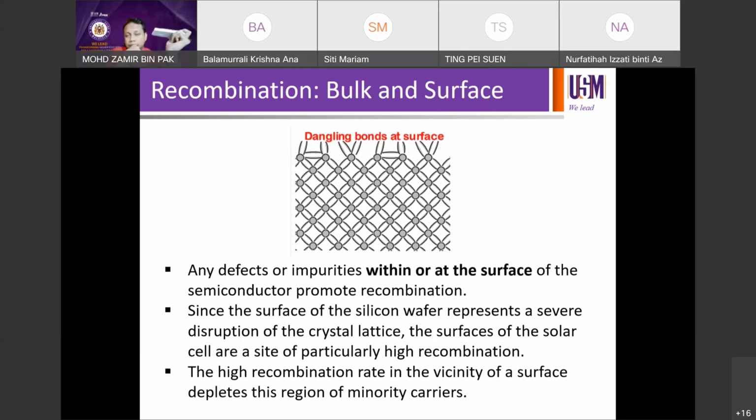On the other hand, they can recombine. So these are dangling bonds. To fix this and successfully extract the carriers, you need to make sure that the dangling bonds or the defects are gone or removed.